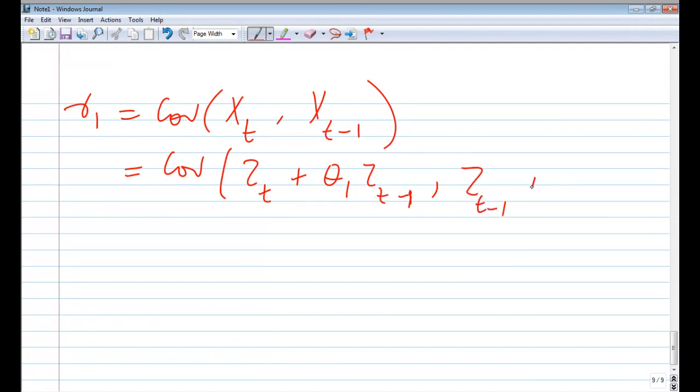Yes, t minus 1 is just like t minus k, remember, it's the same thing. But we substitute k by 1 to get gamma 1.